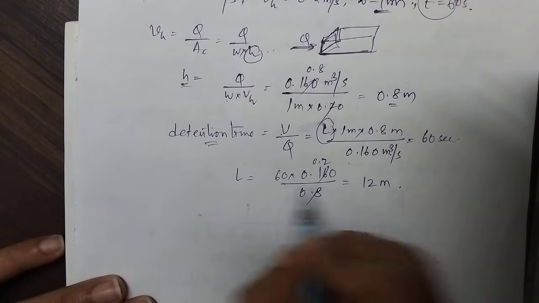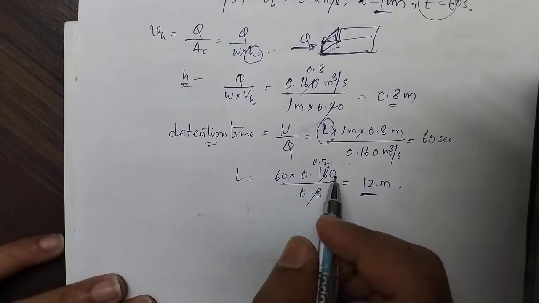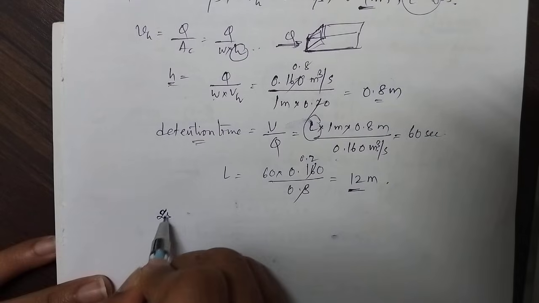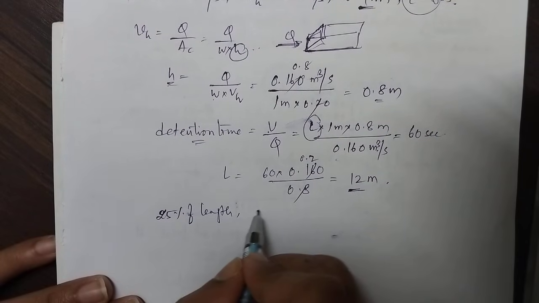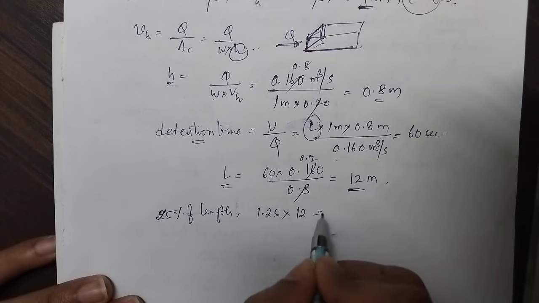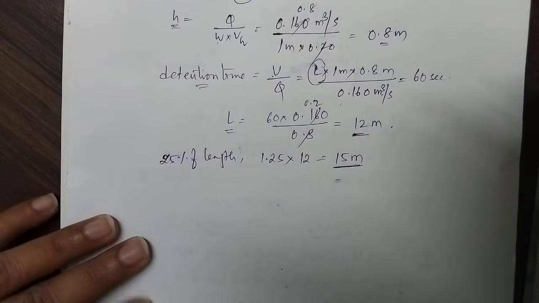So now we got length as 12 meters. It is given that we should take 25% extra length, which means 1.25 into length 12, which is 15 meters, the length of the tank.